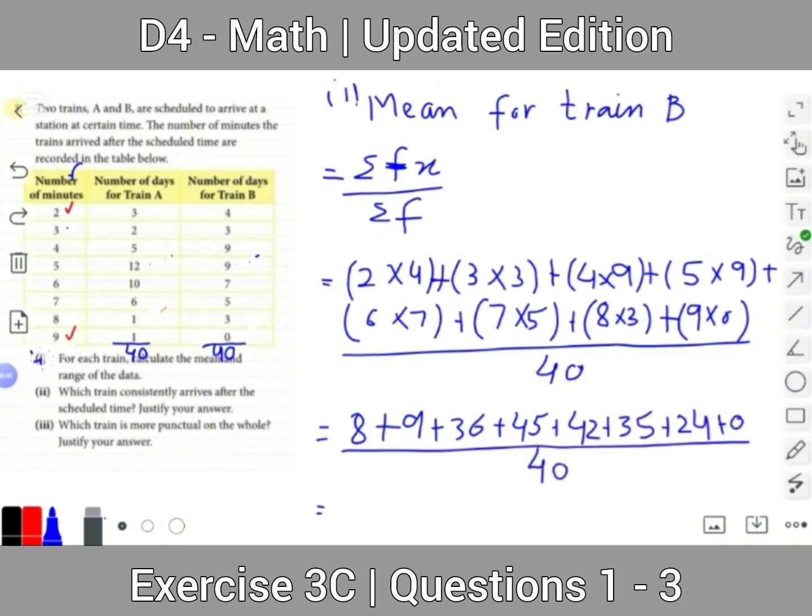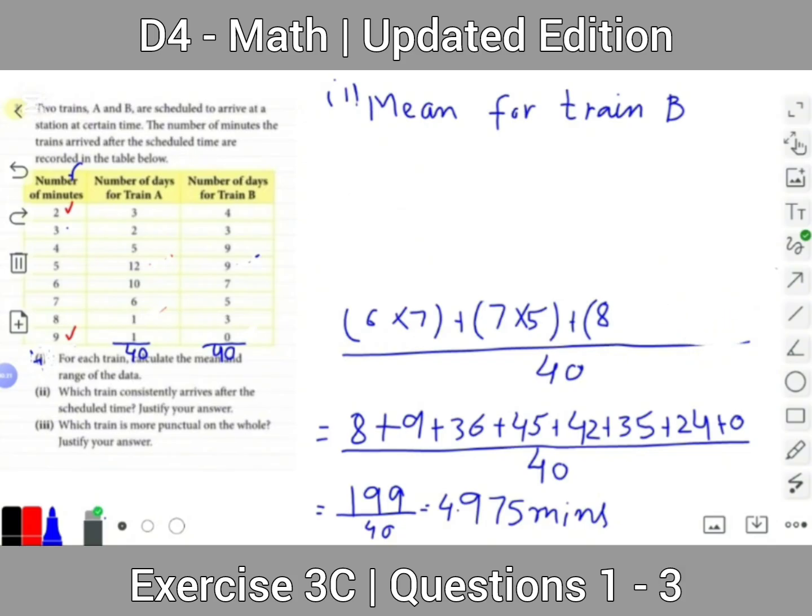And now adding all these terms, we will get 199 over 40, and it will give us 4.975 minutes. So the mean for train B is equal to 4.975 minutes. Now we have to find out the range.